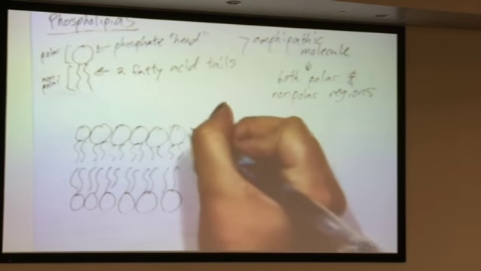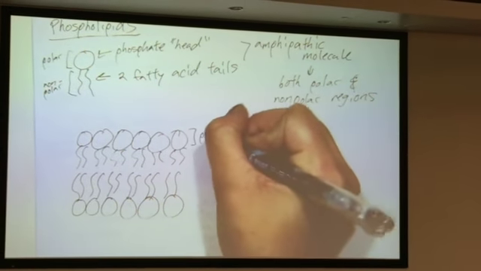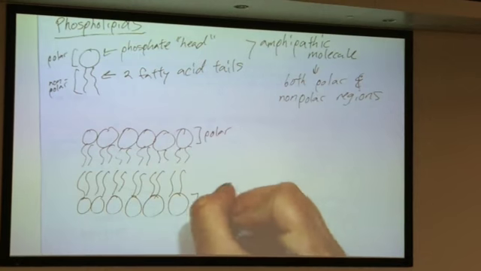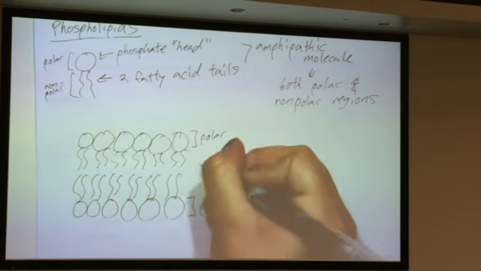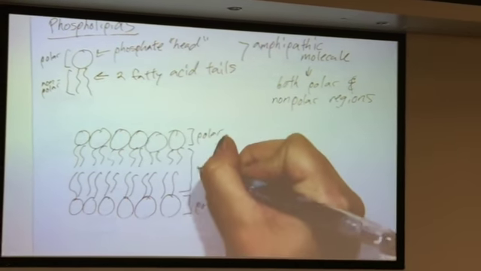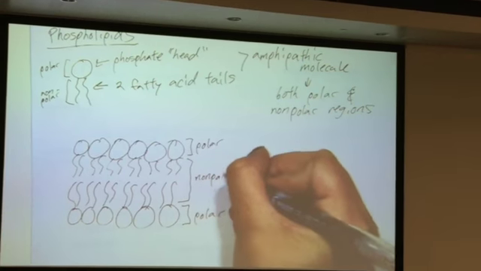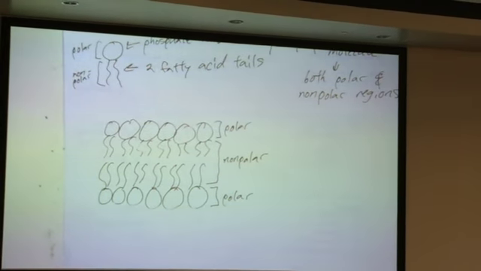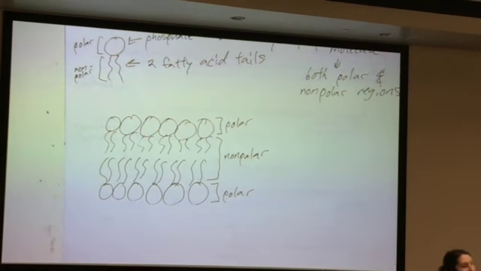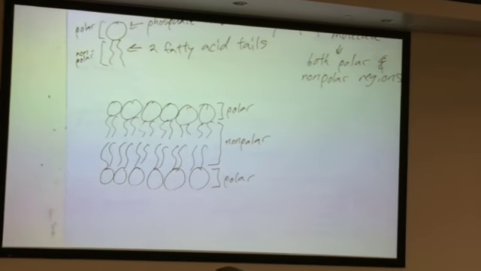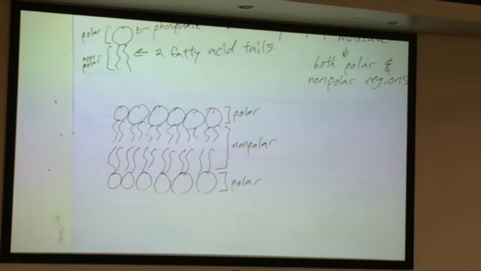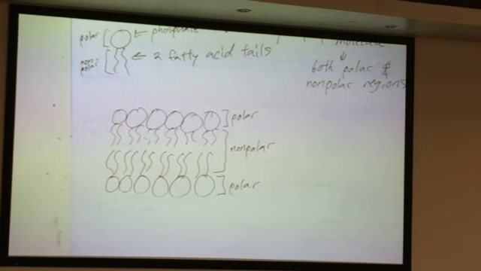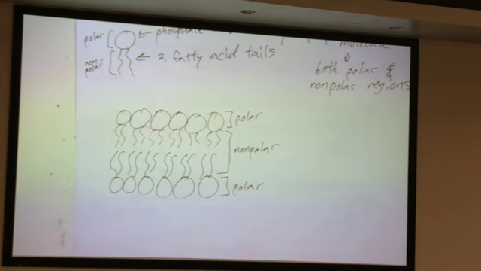So let's go ahead and relabel this again. We have polar, we have polar, and we have this nice section of non-polar. Okay? And when you look at this, you have to imagine a cell is a sphere, right? So this is like if we chopped it at a point, and we're looking at it from the side.